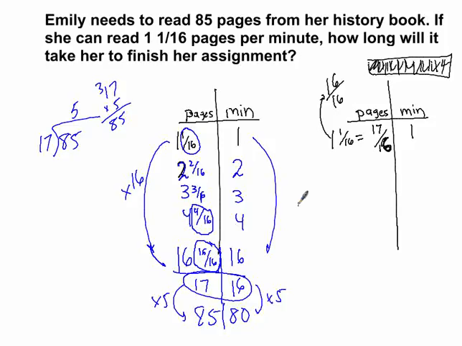Well, in fractions, and if you have a background with fractions, we need like denominators. So right now 85 has a denominator of 1. So we can't figure out how to go from 17 sixteenths to 85 firsts. So we would want to convert this into a denominator of 16 by multiplying each side by 16.